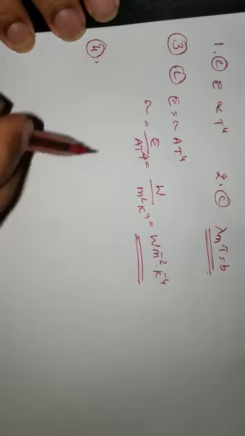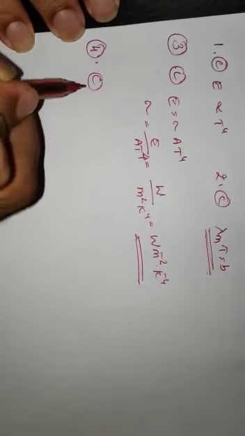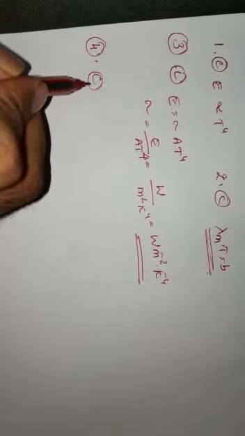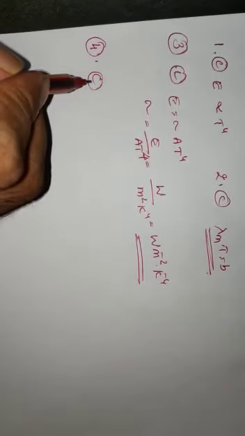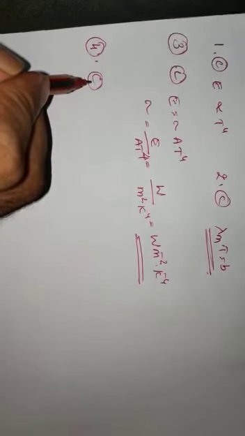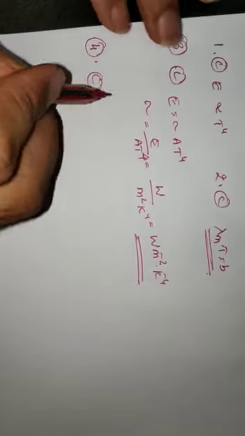Option C is correct. Water has more latent heat of vaporization. When water is sprinkled over a large area, evaporation takes place. As the latent heat of vaporization is large, cooling takes place. So for the fourth question, option C is correct.